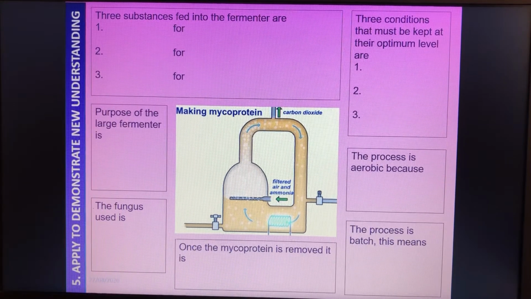I'm going to go through those stages of how it's made, and then this page here is our summary with all of the correct answers on at the end, so you can map it out now. If you want to pause it now, you can map it out and then we'll go through it, and you could add as we go. You could just listen to everything and then just get the details at the end. I really don't mind. If you are drawing it out and you need extra time, then pause now.